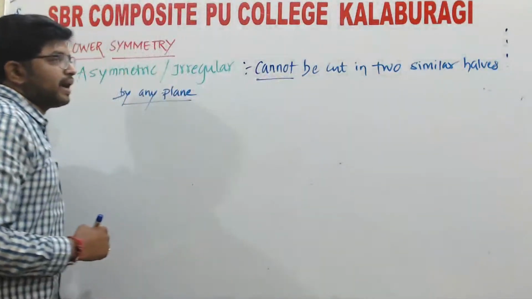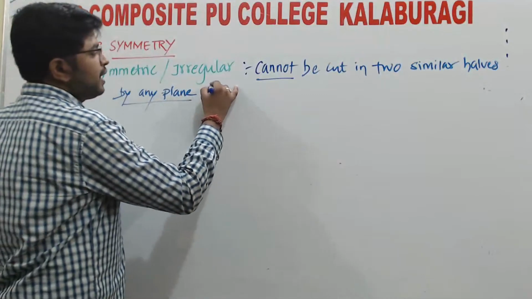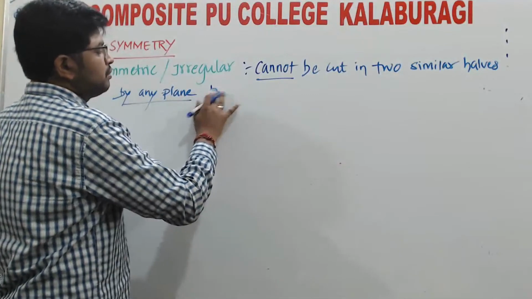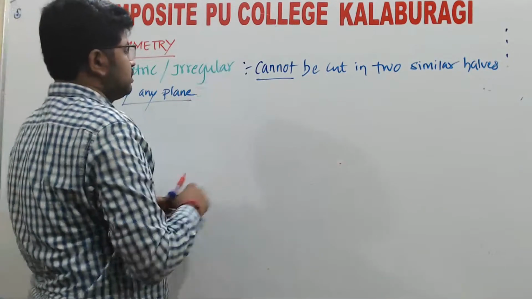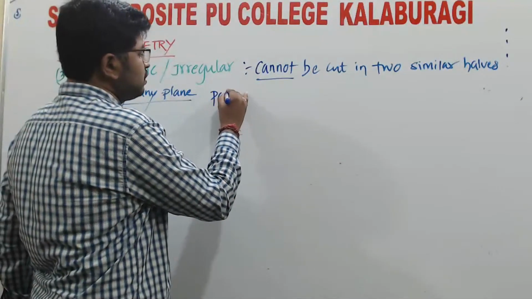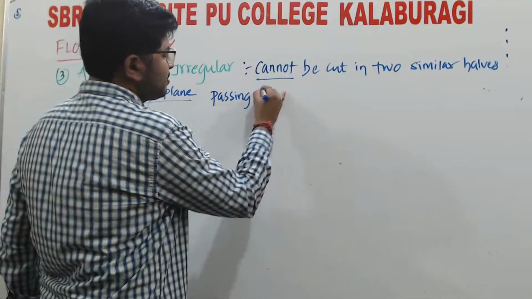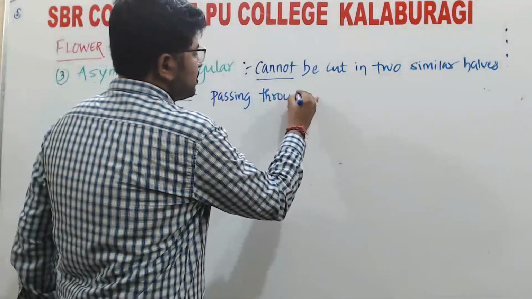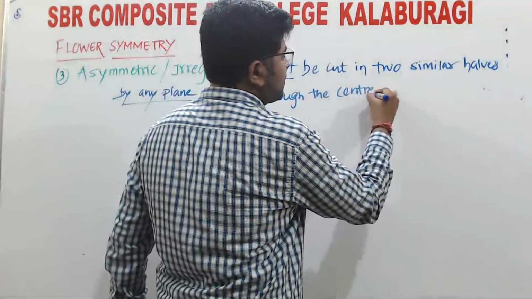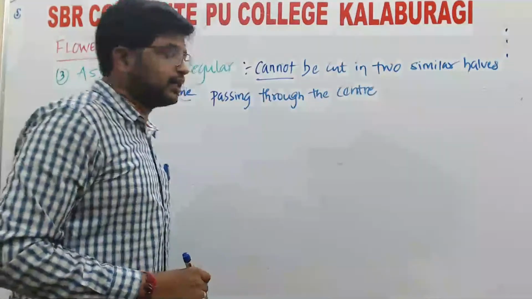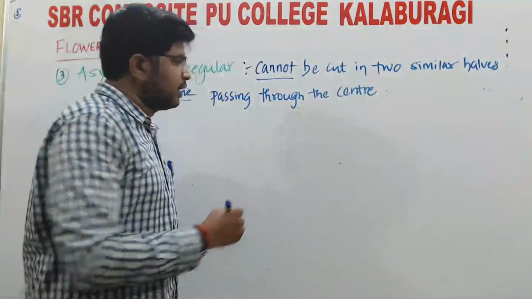It cannot be cut by any plane passing through the center. You call it asymmetric or irregular.